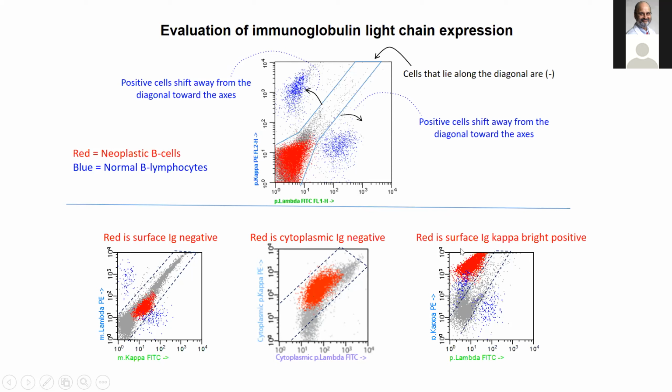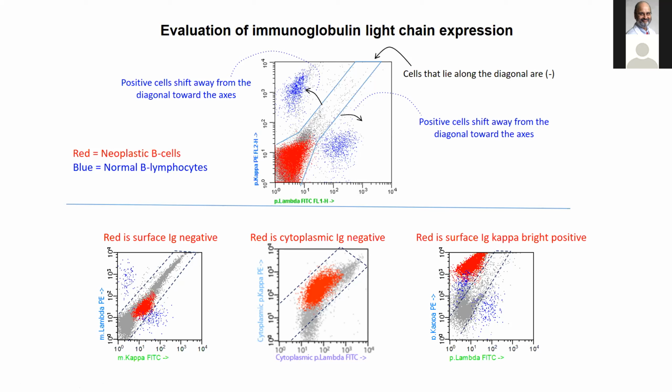And then if we look over here at this population, we can see that if this is our diagonal, this population falls off of the diagonal toward kappa. And so this would be a monotypic population of B lineage cells. The reason immunoglobulin light chain is so useful in flow cytometry is because most mature B-cell neoplasms will be monotypic.